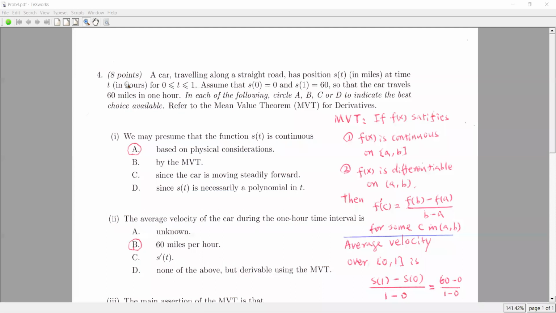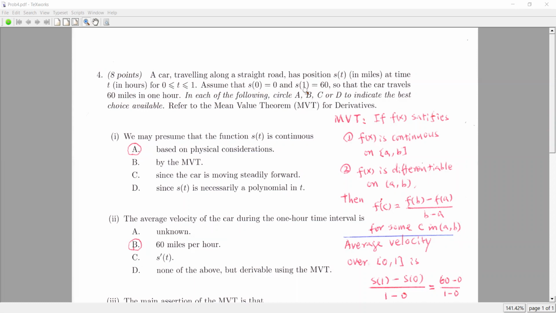Now, take a look at the problem. A car traveling along a straight road has position S of t. The units for position is in miles. At time t, the units for time is hours. For t between 0 and 1, assume that the position of the car when time is 0 is 0.